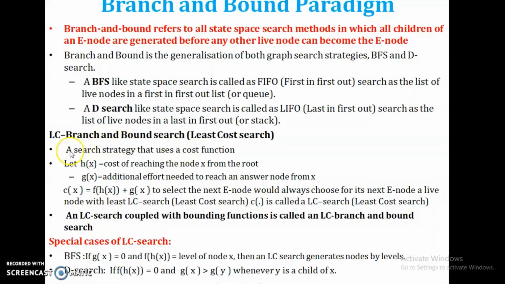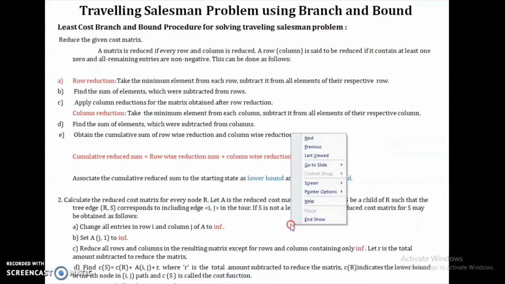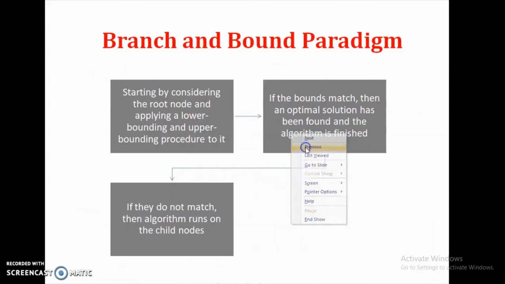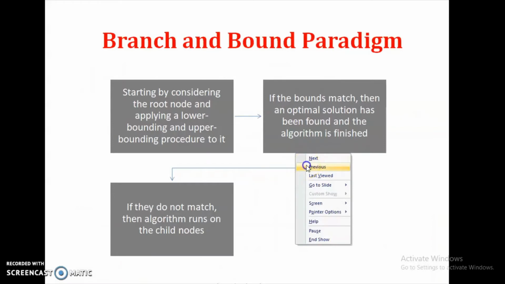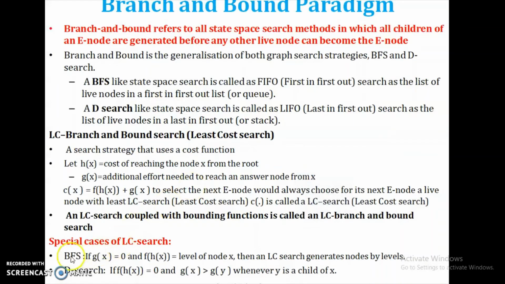That strategy is known as least cost strategy, and LC search coupled with a bounding function is known as LC branch and bound search. There are two special cases for least cost search strategy. One is breadth first search. If g of x is 0, it will consider only h of x, then it is a case of breadth first search.